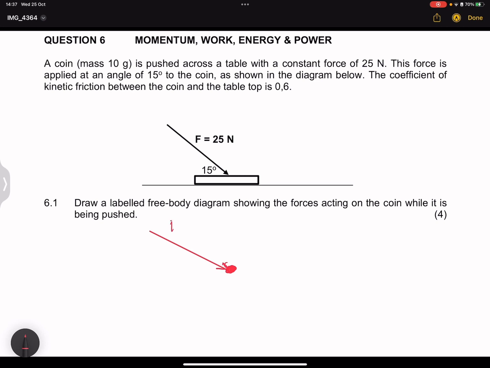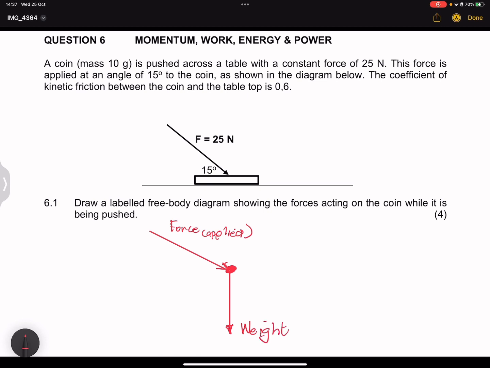And please, when they say label, please write out the words in full. Otherwise, just provide some descriptions for the acronyms if you use them. The next force that we have is the gravitational force, or the weight of the coin.